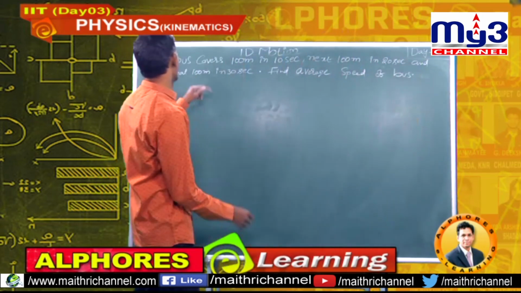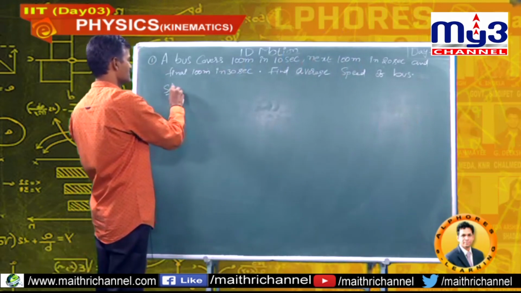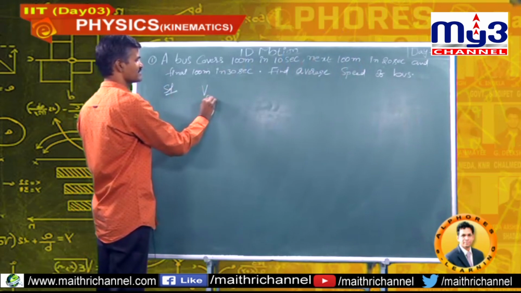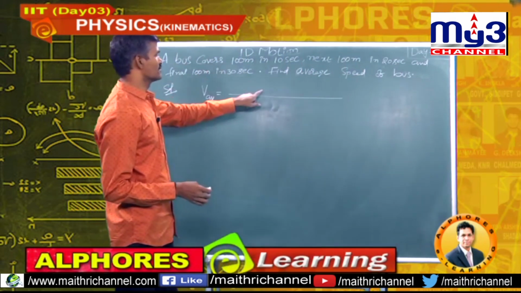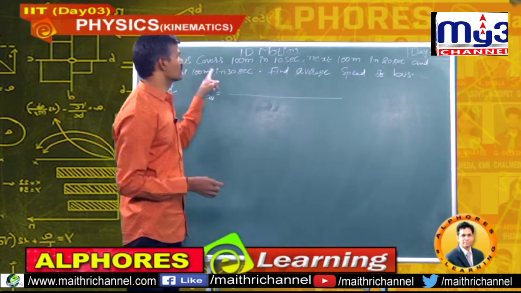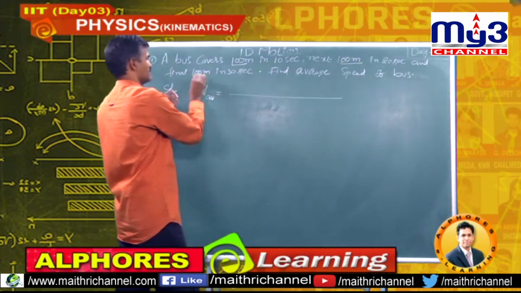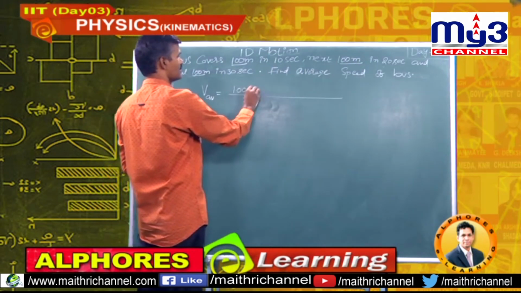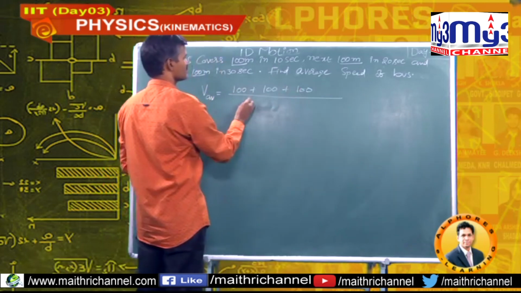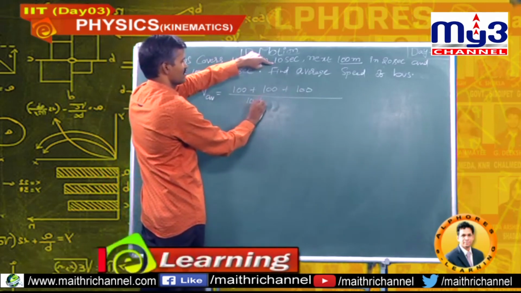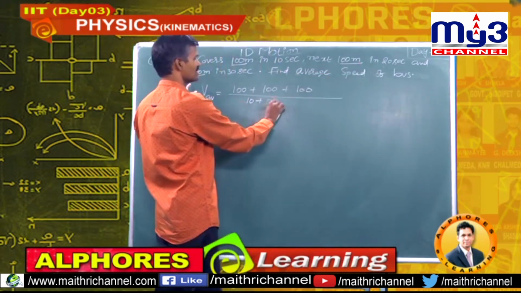So here, how to calculate the average speed? The definition of average speed is total distance travelled by the body divided by total time. Total distance travelled by the body is 100 plus 100 plus 100. Time is 10 seconds for the first 100 meters, 20 seconds for the next 100 meters, and 30 seconds for the last 100 meters.